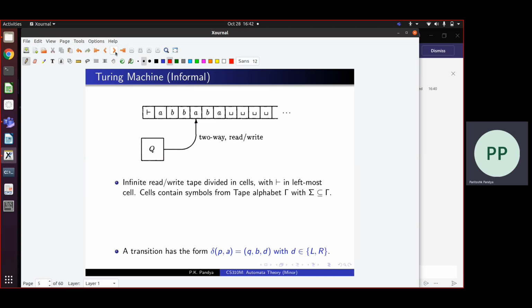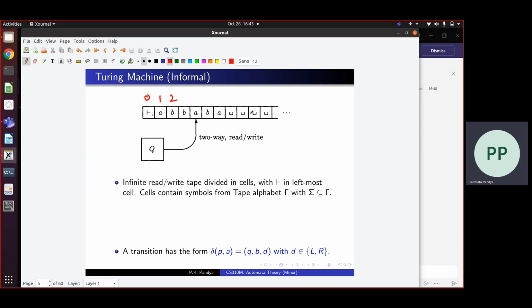So it has got an infinite read-write tape divided into cells. One thing to notice is that we number cells 0, 1, 2, 3, etc. The leftmost cell is marked with the left end marker, this symbol. And when the Turing machine begins its execution, we put the word to be recognized onto the tape.